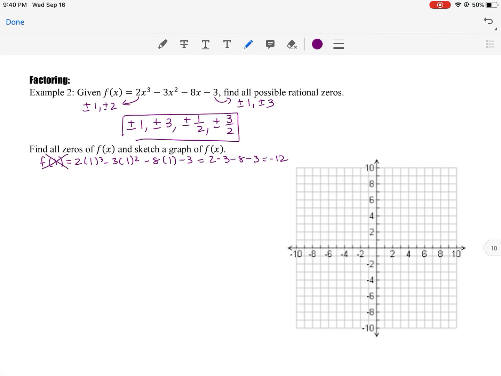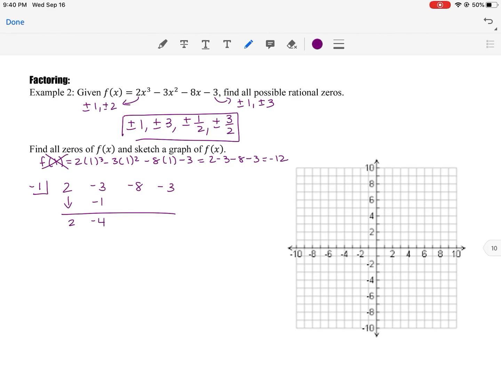So maybe you try another number, like negative 1, which a lot of times works. A lot of times we start with 1 or negative 1, and you usually get lucky, but not always. 2, negative 3, negative 8, negative 3. I bring down the 2. 2 times negative 1 is negative 2.